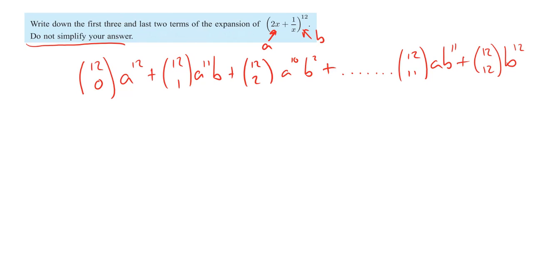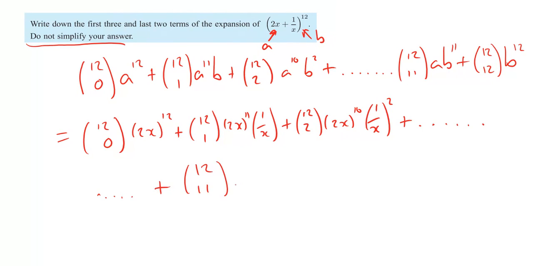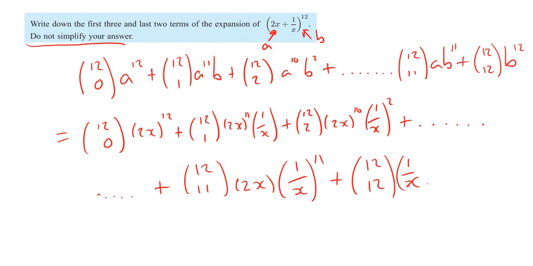That's all I need. So substituting in 2x for a and 1 over x for b, I'm going to be left with 12, 0, 2x to the power of 12 plus 12, 1, 2x to the 11 multiplied by 1 over x plus 12, 2, 2x to the 10, 1 over x squared plus 12, 11, 2x multiplied by 1 over x to the power of 11 plus 12, 12, 1 over x to the power of 12.